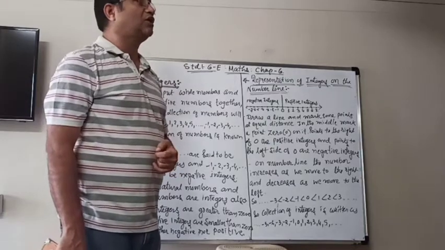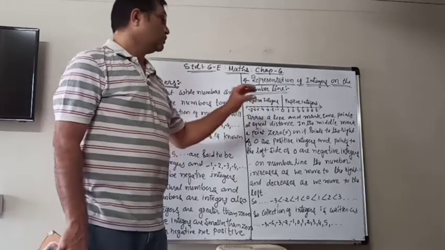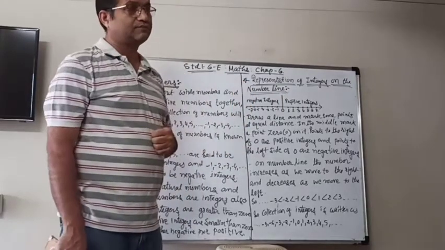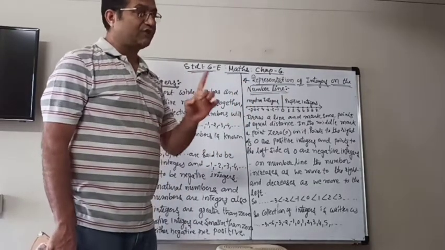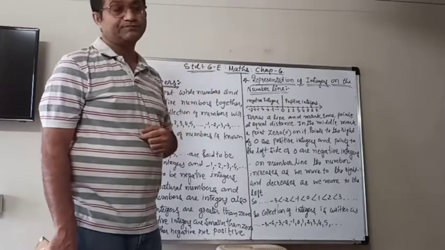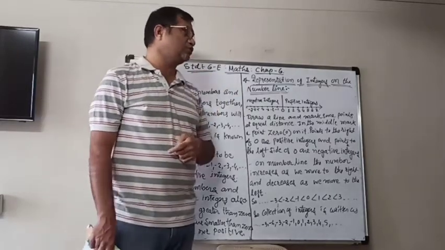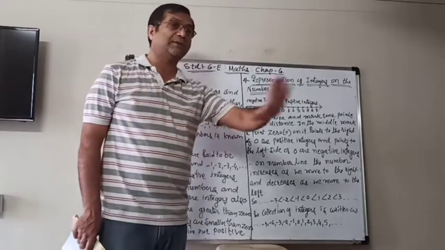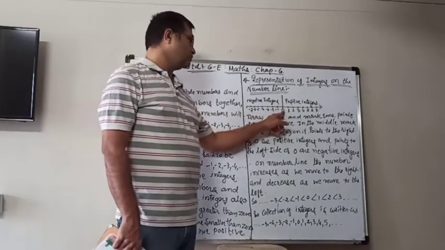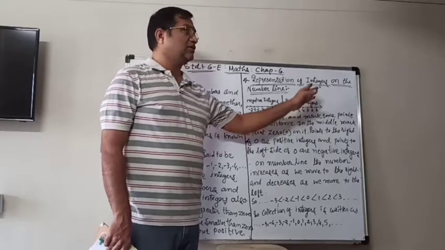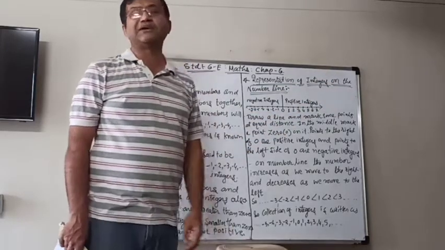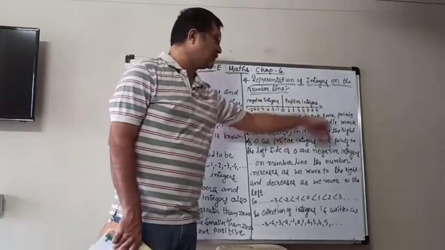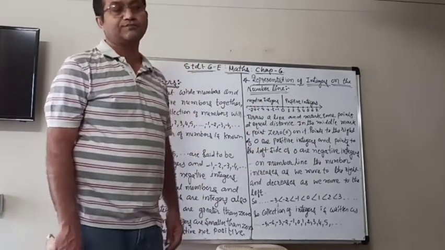Suppose you are told to put any particular number on the number line. First you have to take 0. Suppose you are told to put 5, then you take 0, make marks at equal distance on the right side, then count first, second, third, fourth, and then fifth will be your number 5.